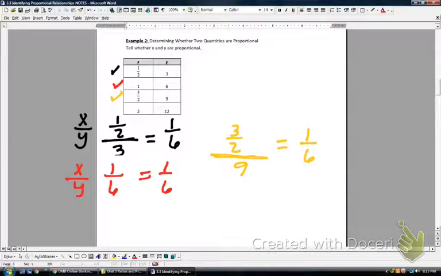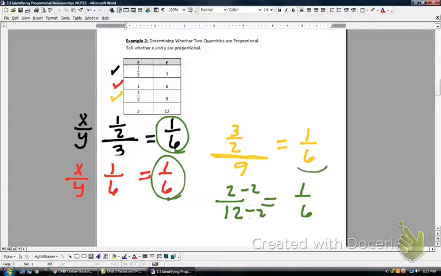So I've done that one. And then the last one is my x is 2 and my y is 12. I can do that one pretty quick in my head. That simplifies to 1/6. So I have 1 over 6 four times. All of those ratios simplify to the same thing, so my table is proportional.